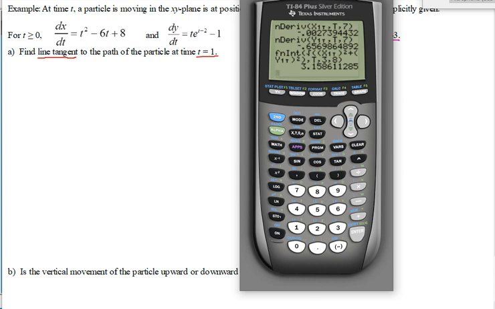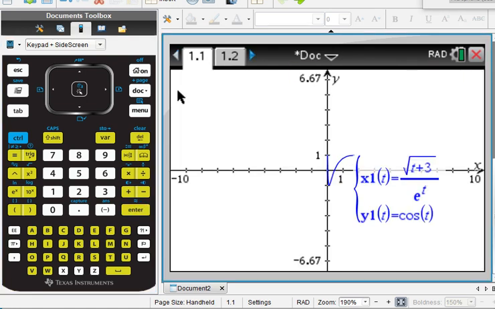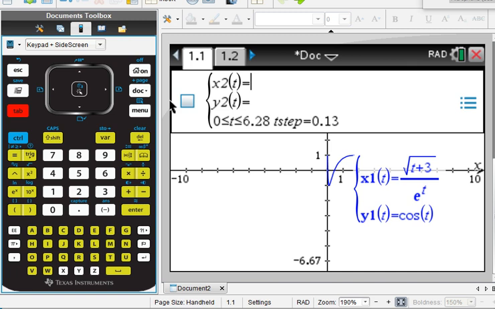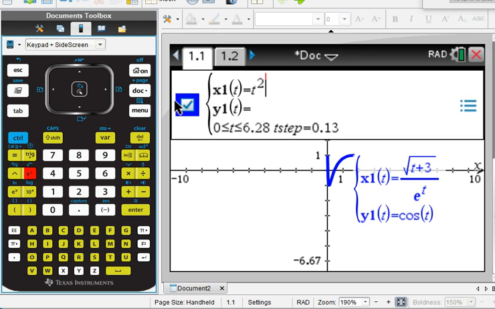Put that in now. And then on the Inspire, let's go back here and tab. Now you can leave them in there if you want, or I'm just going to delete them out here since we're done with this problem. And we've got t squared minus 6t plus 8, and t, and be careful on the Inspire.